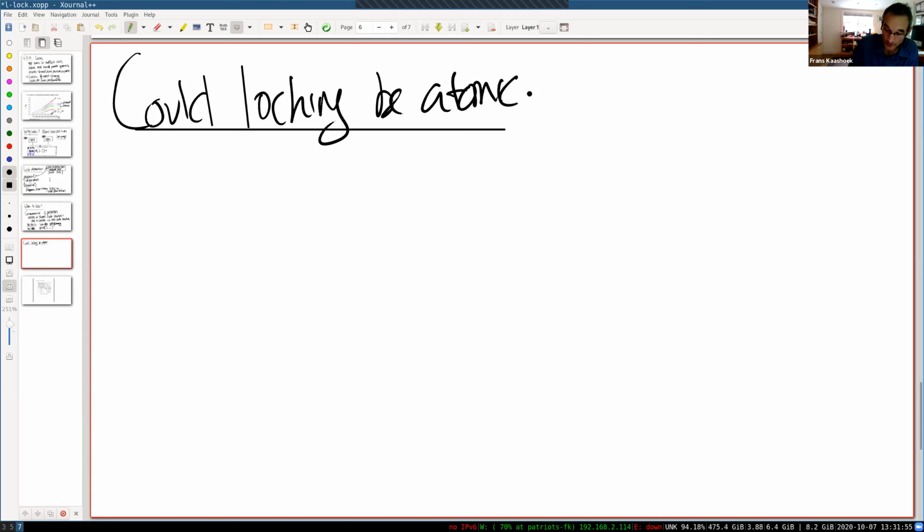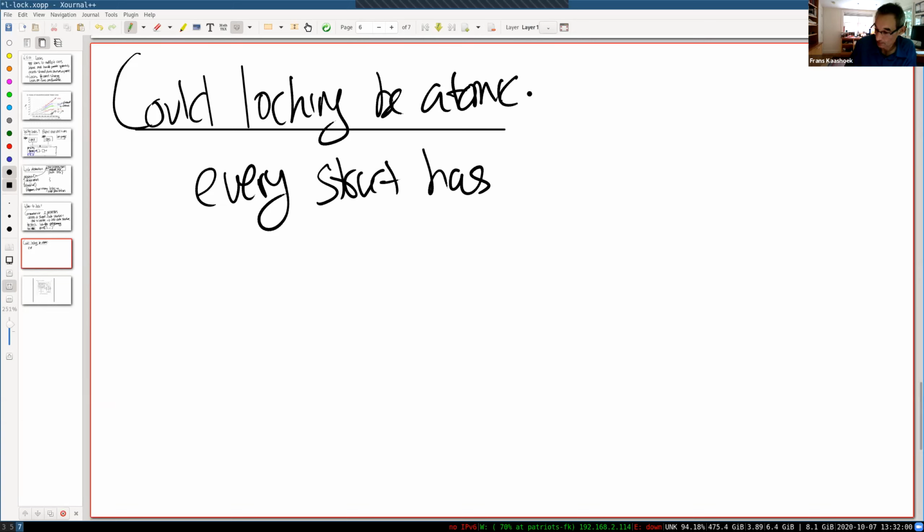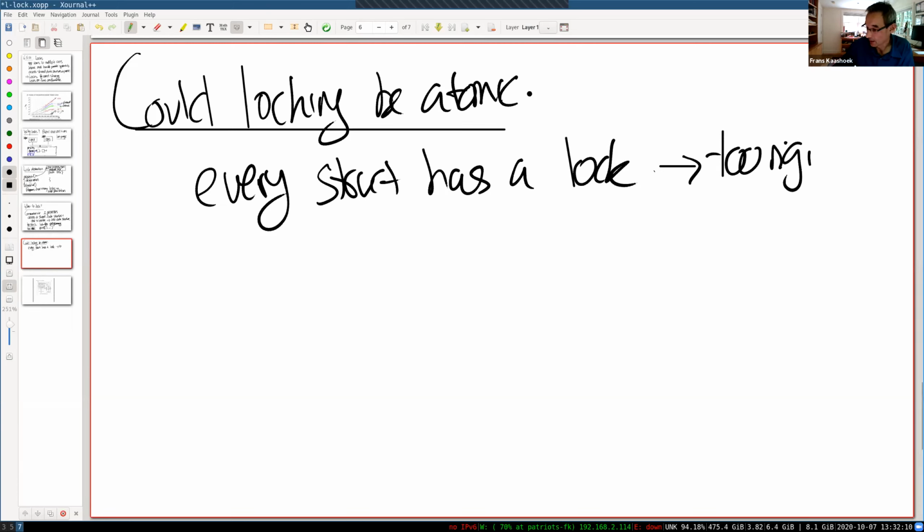So one way to think about it, maybe in x86 terms, is that every struct has a lock, and that lock is automatically acquired when we do anything related to that struct. And this turns out to be too rigid, and this is why locking cannot really be automatic.